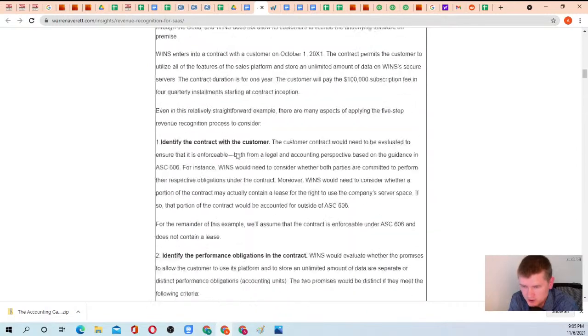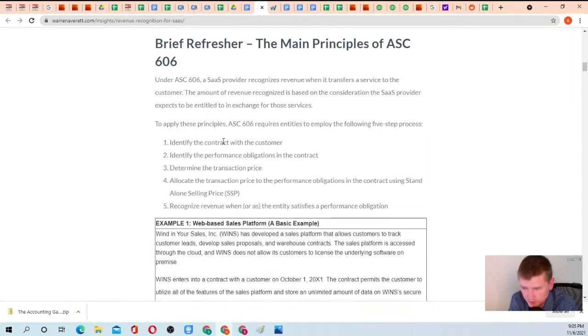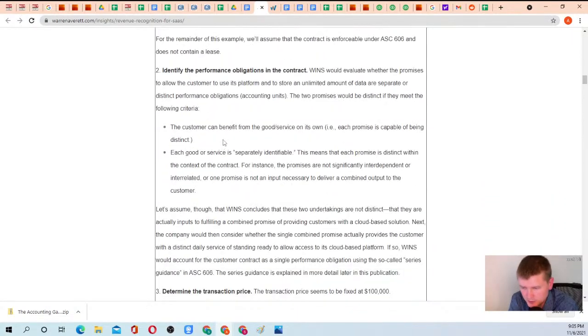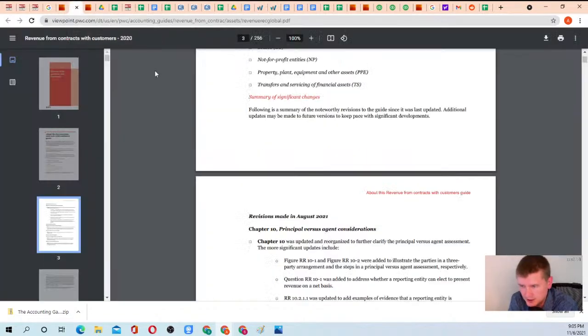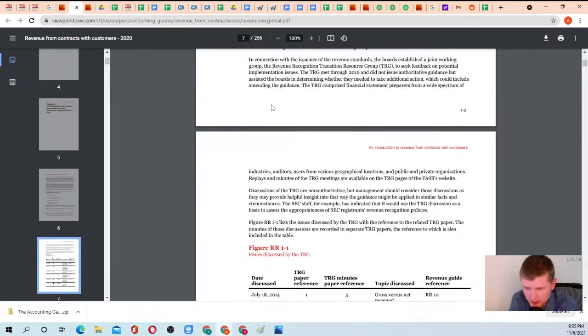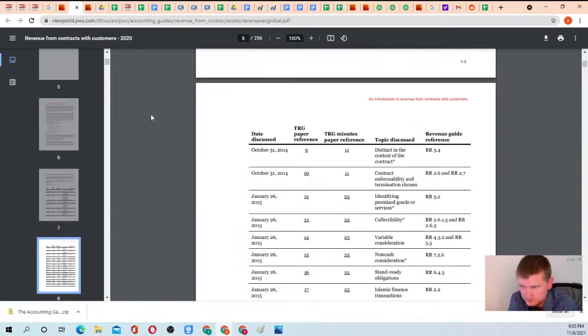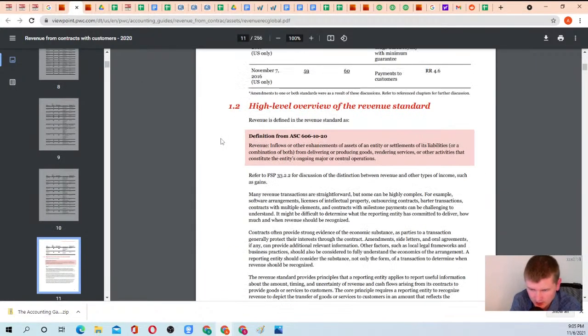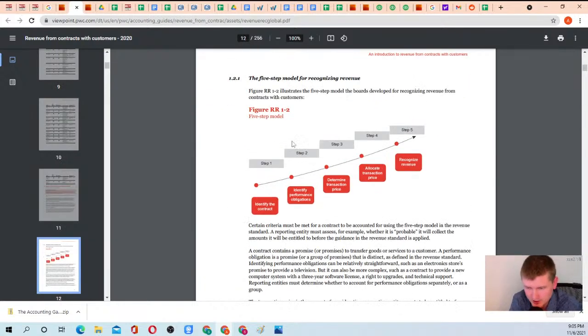And you will notice that there are terms that are not familiar to you if you didn't read that guidance already. So mostly you can start with the 5-step revenue recognition. I will be making content on these steps, so you will learn that over time.